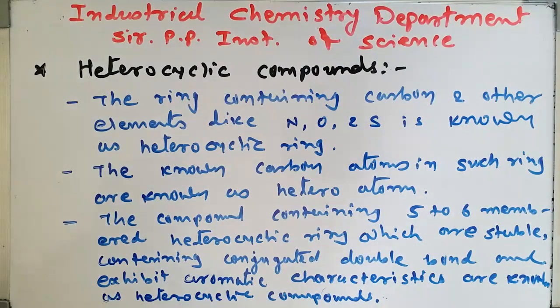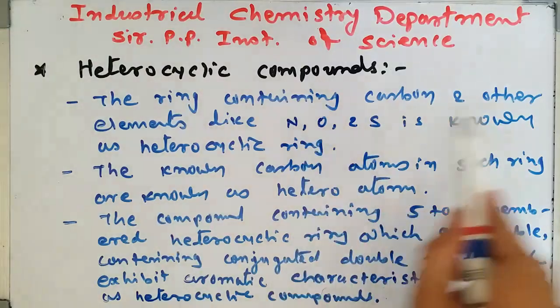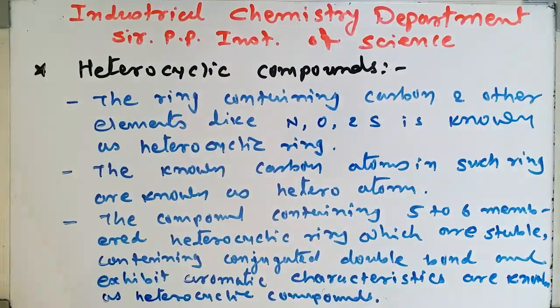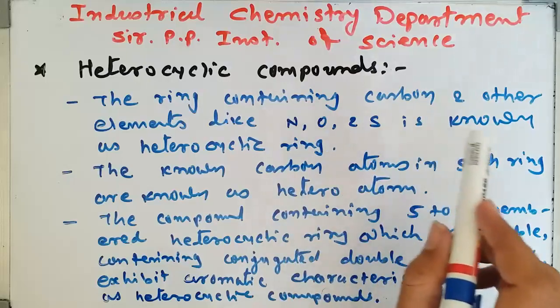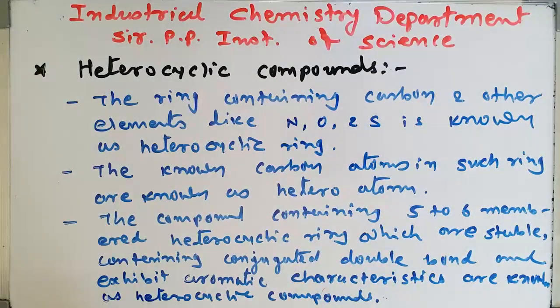The ring containing carbon atoms and other elements like nitrogen, oxygen and sulfur is known as a heterocyclic ring. The non-carbon atoms in such a ring are known as heteroatoms.